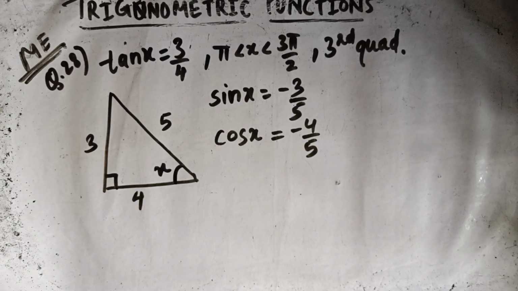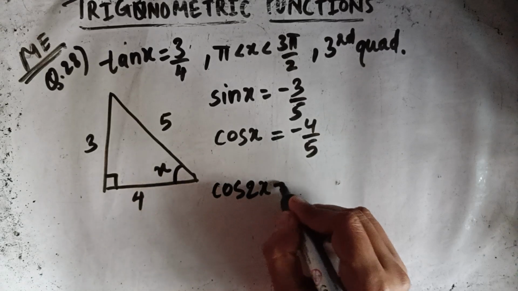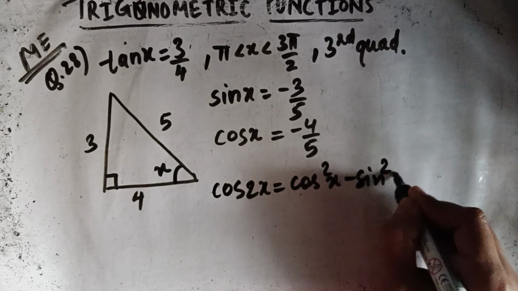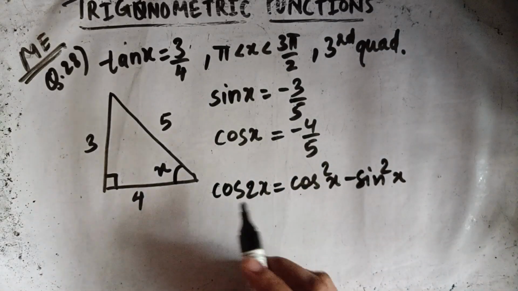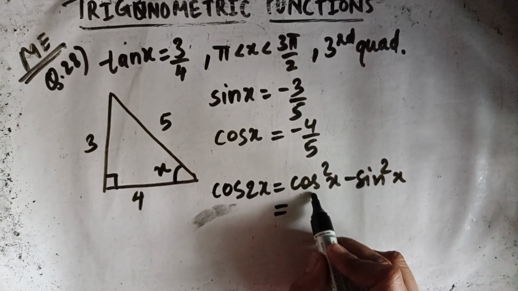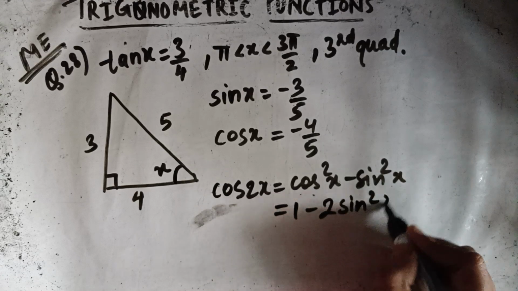Let's make use of the formula for cos 2x. cos 2x is cos square x minus sin square x. So we can write this, if you substitute for cos square x, as 1 minus 2 sin square x.